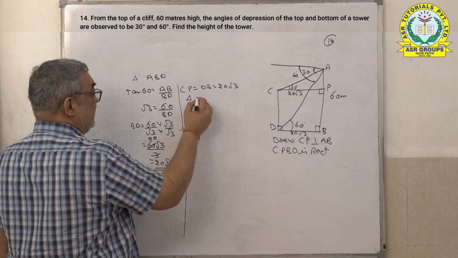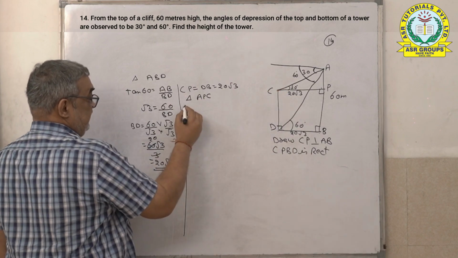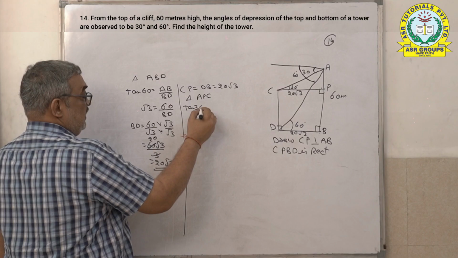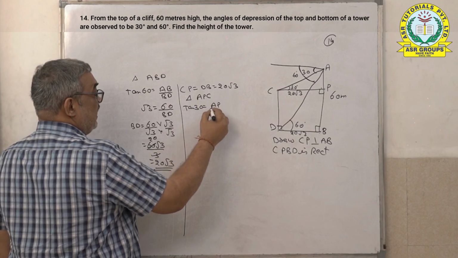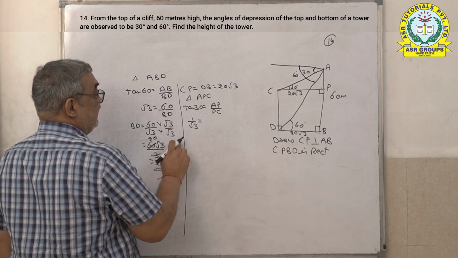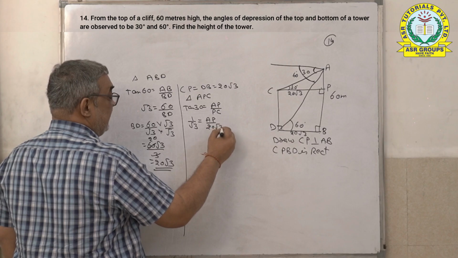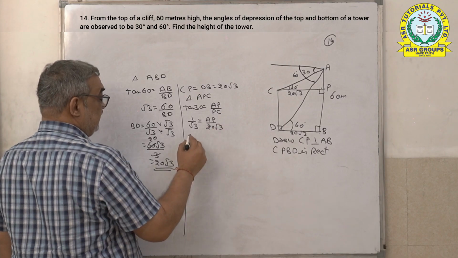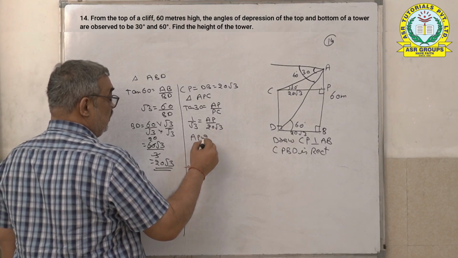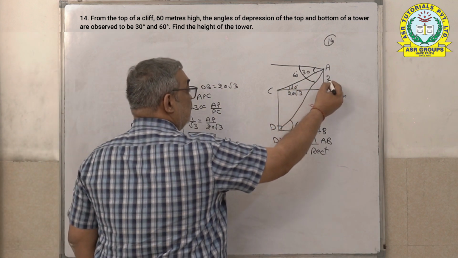Now I will use triangle APC. Tan 30 equal to AP upon PC, 1 over root 3 is AP upon 20 root 3. Calculate cross multiplication. AP equal to 20. This I got, 20.